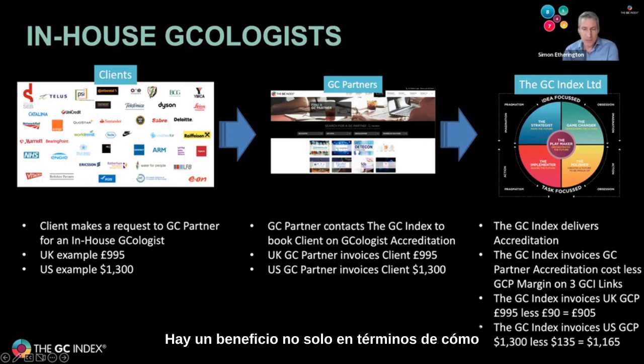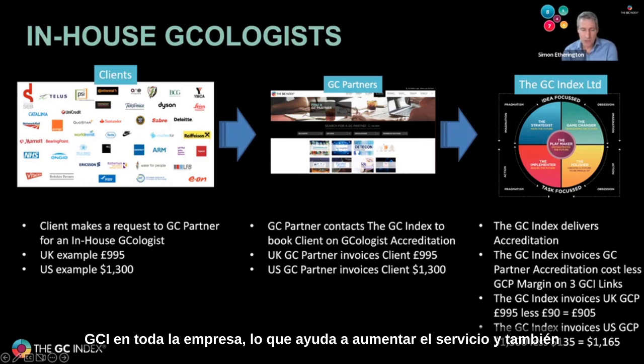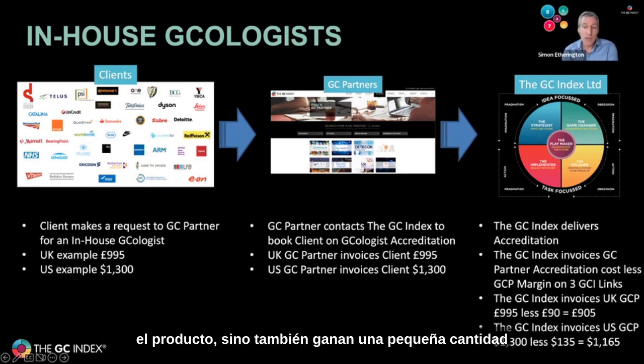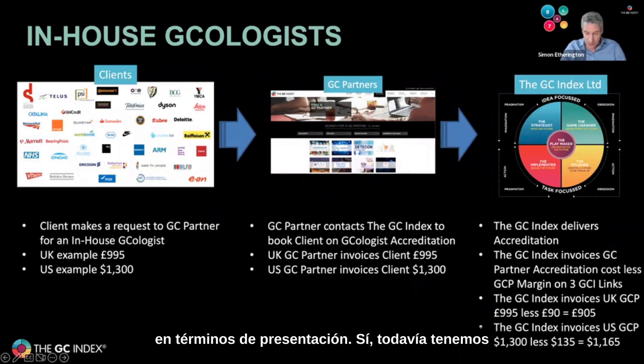Okay. So there's a benefit not only in terms of them really showcasing and looking at how they can use the GCNX across the business, which helps increase services and also product, but also you earn a small amount as well in terms of introducing. Yes, we do still have the £795 price for people 5 or more.